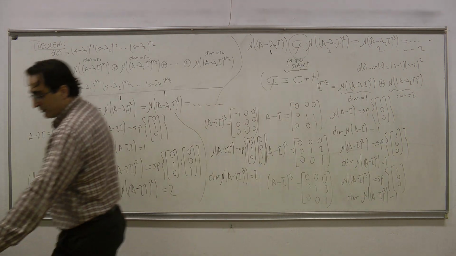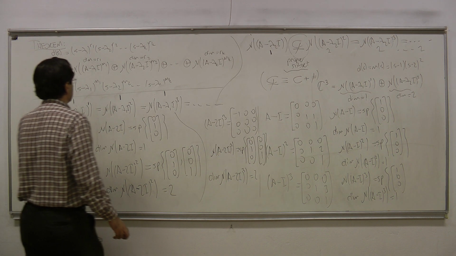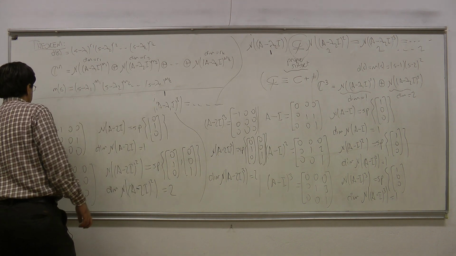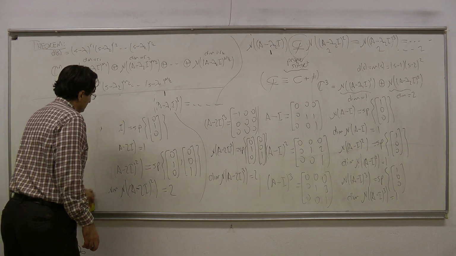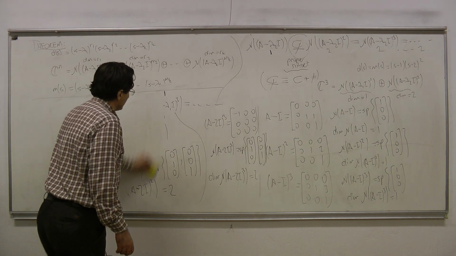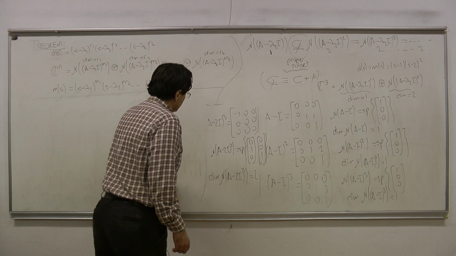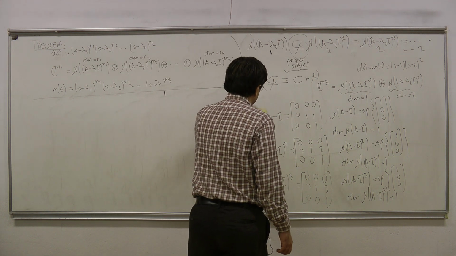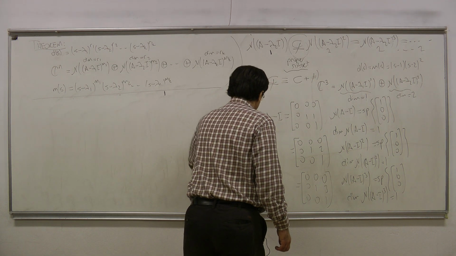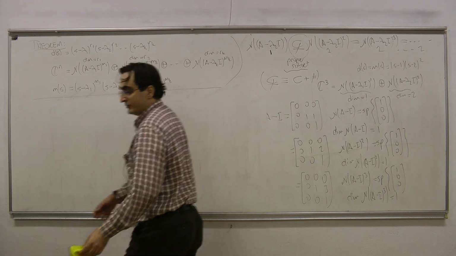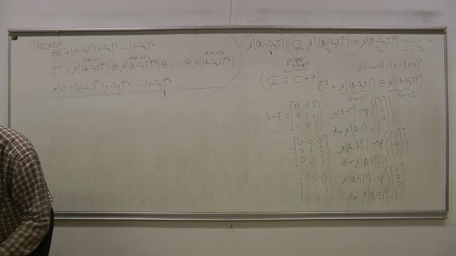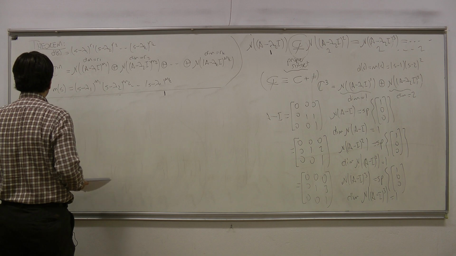So now let us try to write the theorem related to this. This theorem is going to explain these null spaces in our decomposition. All right? So here I have the theorem.